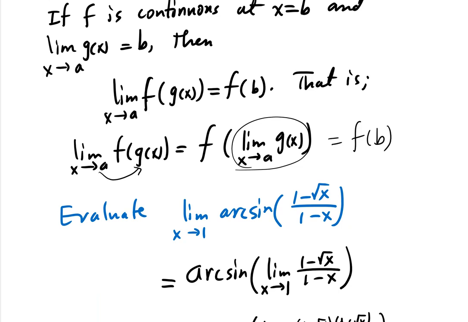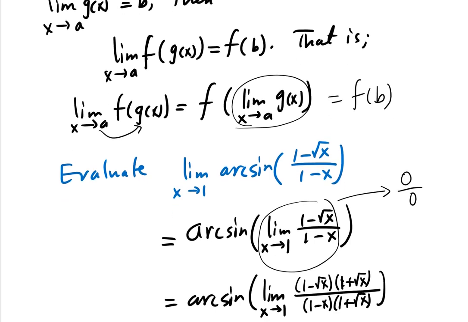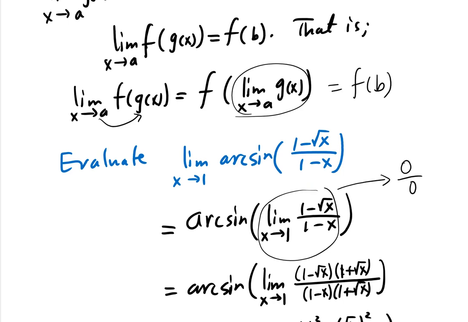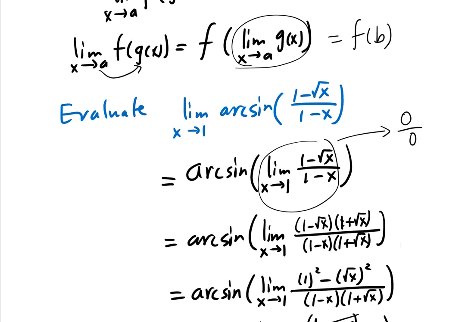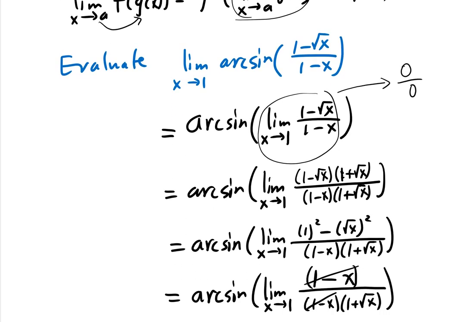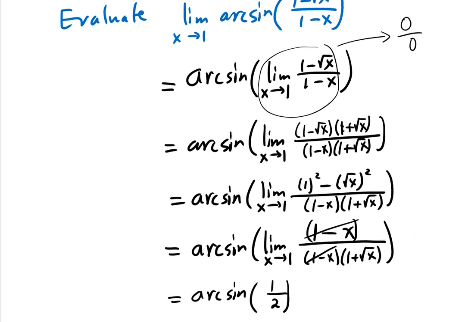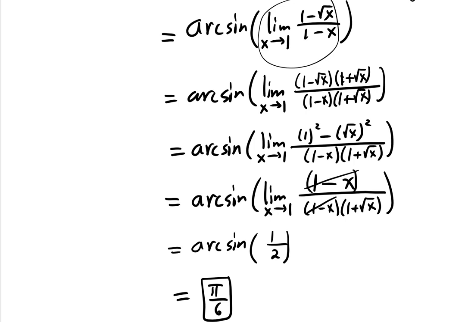But then this thing here, if you try to evaluate the limit, will be 0 over 0, which is indeterminate. So the way to get rid of the 0 over 0 is rationalizing the numerator, multiplying by 1 plus square root of x over 1 plus square root of x. On the top, we get 1 minus x, and the denominator stays the same. So you can cancel 1 minus x away, and that would give us arcsine of 1/2. Arcsine of 1/2, what is the angle? Sine of the angle is 1/2. It's pi over 6.